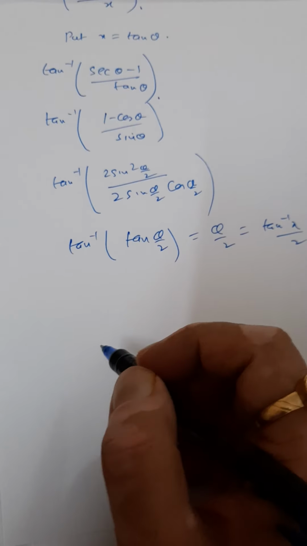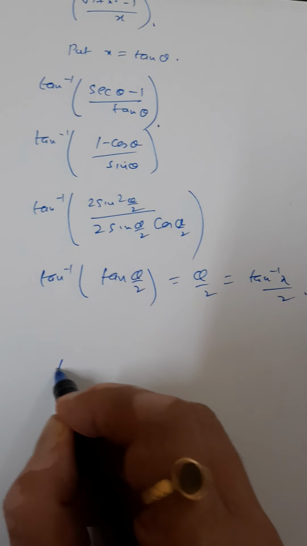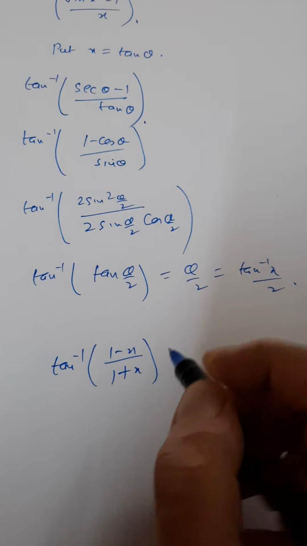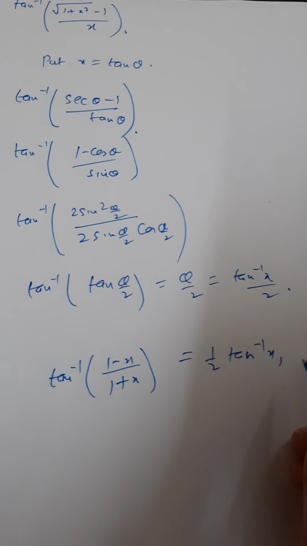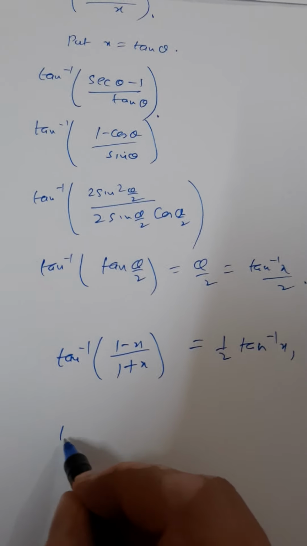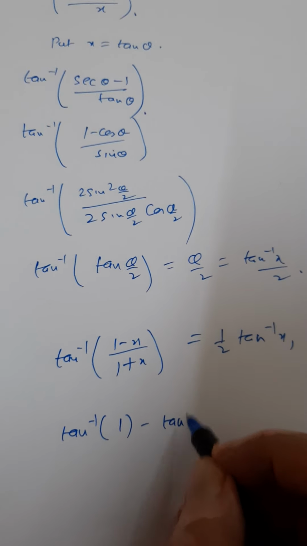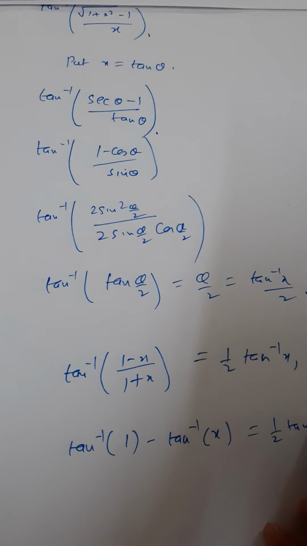Now next, solve tan inverse of (1 minus x) upon (1 plus x) is half of tan inverse x, where x is greater than 0. Now you have tan inverse of 1 minus tan inverse of x. This is half tan inverse of x.